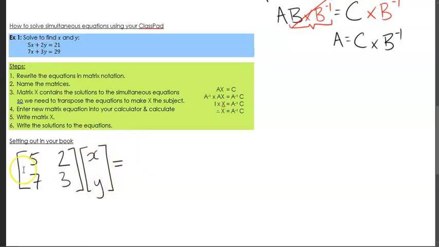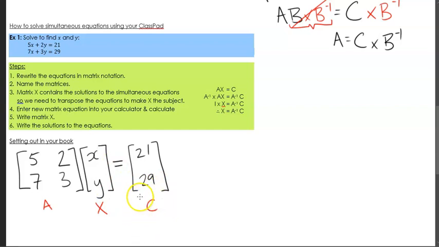Right here, this will be equal to 21 and 29. So I've just manipulated this to mimic a matrix format of some sort, because it will suffice. It's the same thing. This is just saying this times this and plus this times this will equal 21. Same thing with the 7 and 3. And the next thing we're going to do is label these matrices. Let's call this matrix here A, this matrix here X, and this matrix here C.